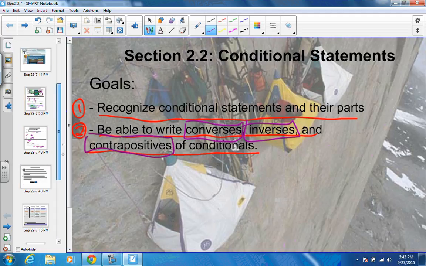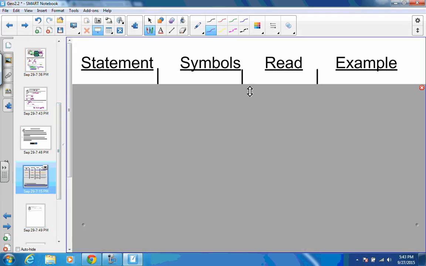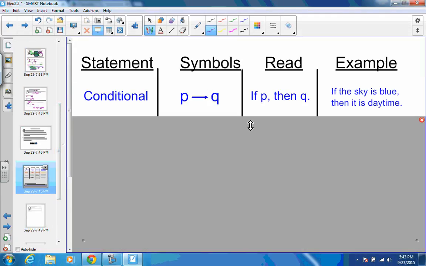They all stem from basic conditional statements. So, first of all, a conditional. The symbols for conditional we showed you was P arrow Q, read if P then Q, or P implies Q. My example there is, if the sky is blue, then it is daytime.